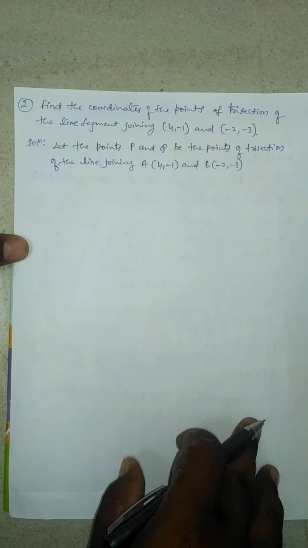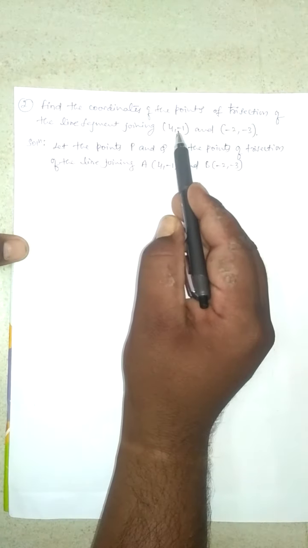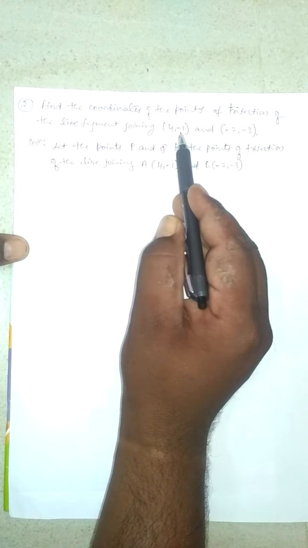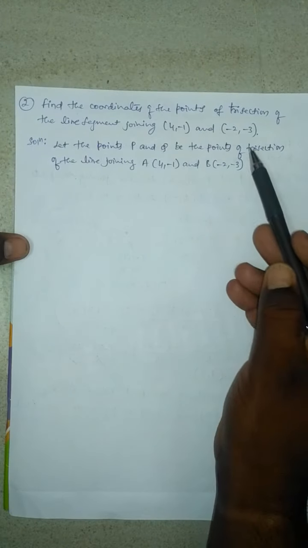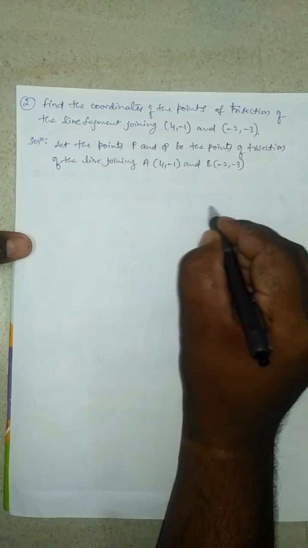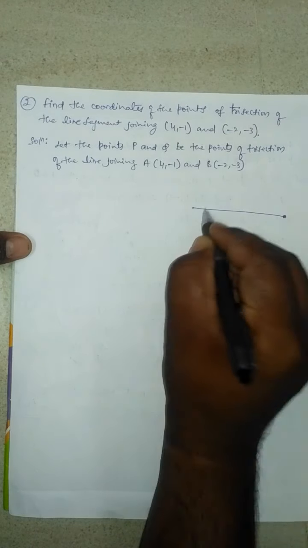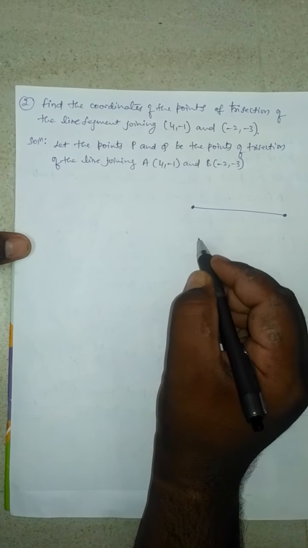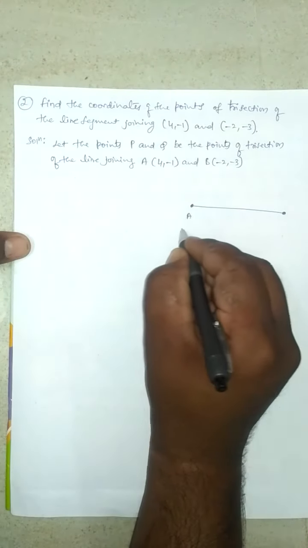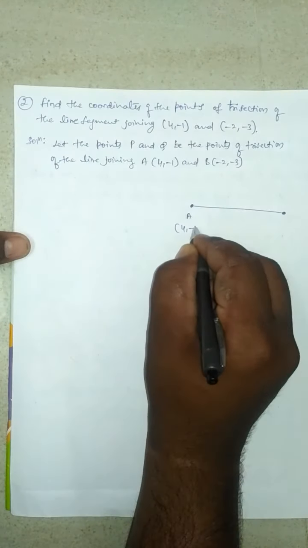See here there are two coordinates. The first one is 4 comma minus 1 and the other is minus 2 comma minus 3. So here I am going to consider the two coordinates with their line segment. Here this is A, 4 comma minus 1.